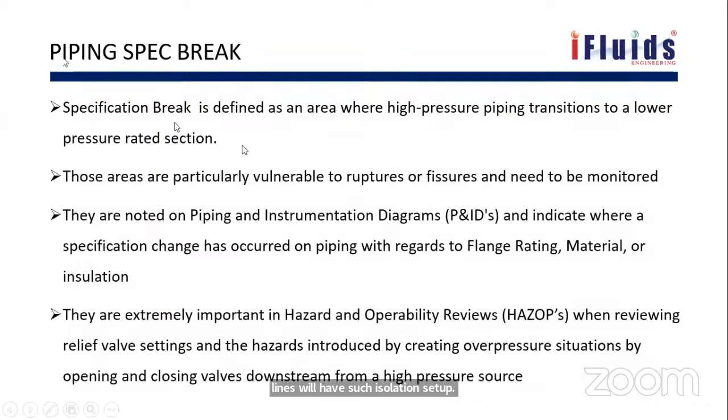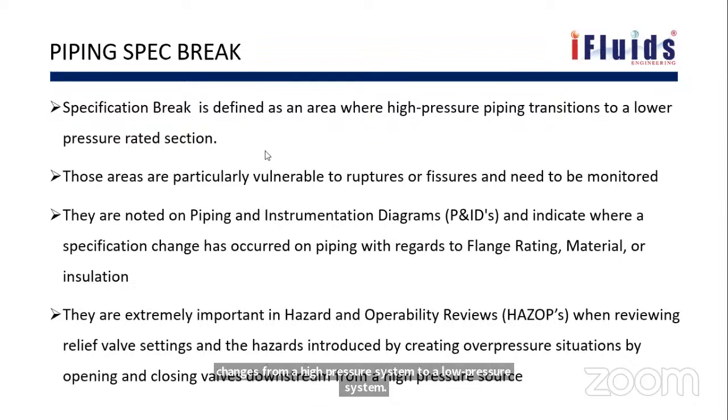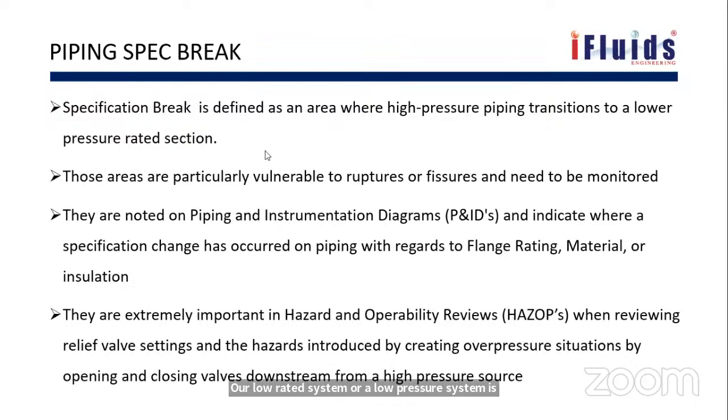Piping spec break. A spec break is given in a pipeline where the pipeline changes from a high pressure system to a low pressure or low rated system, or a low pressure system is getting connected to a high pressure or high temperature system, and it will not be continuous.